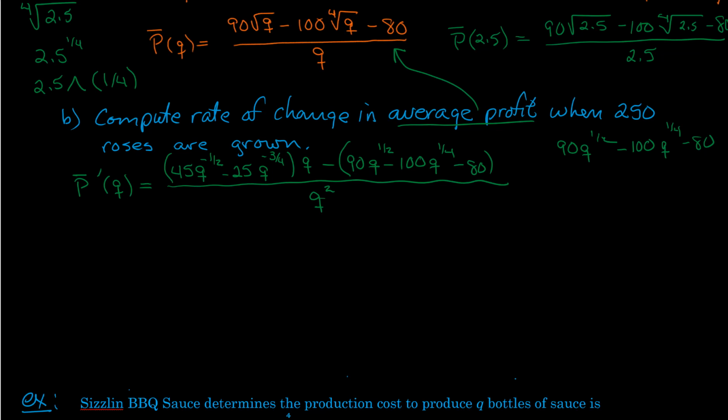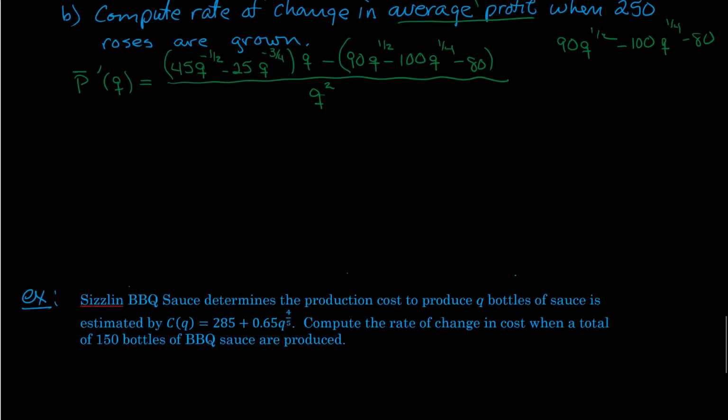But we weren't asked to just compute the derivative. In this case, we want to find the rate of change in the average profit when 250 roses are grown. So that means I want to evaluate this derivative of the average profit. And remember, a derivative of the average profit gives us a rate of change.